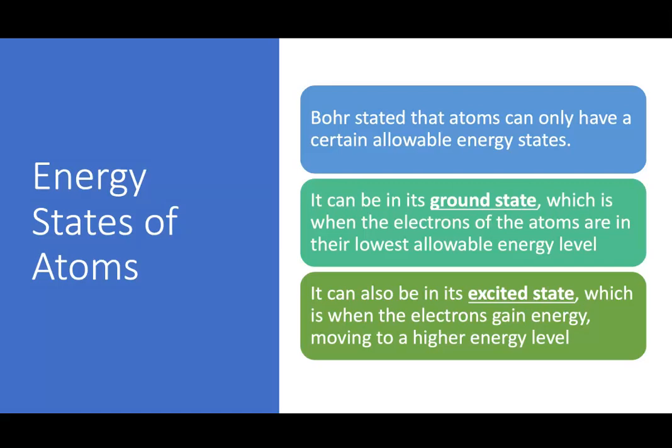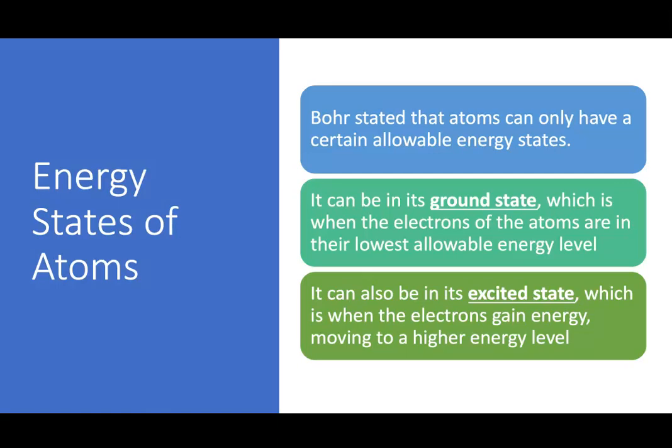When your atom is not absorbing energy, it is in its ground state. When an atom is in its ground state, its electrons are in the lowest level, called the lowest allowable energy level. But when your atom receives energy, those electrons can get excited and move to a higher energy level.